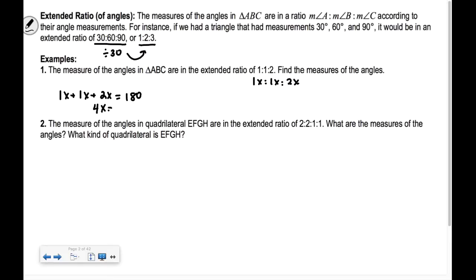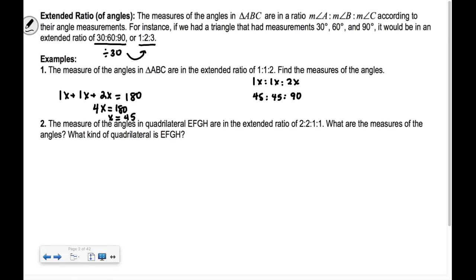So we get 4x equals 180, so x equals 45. We then plug the 45 back in, so I have 45 to 45 to 2 times 45, which is 90.